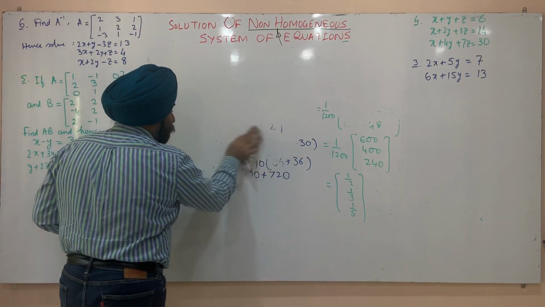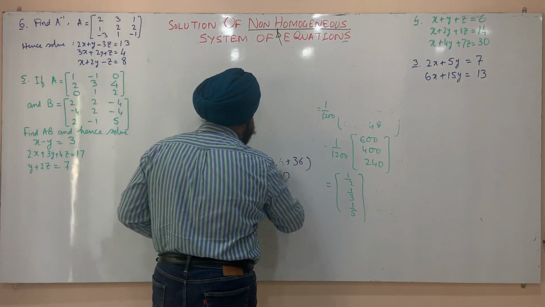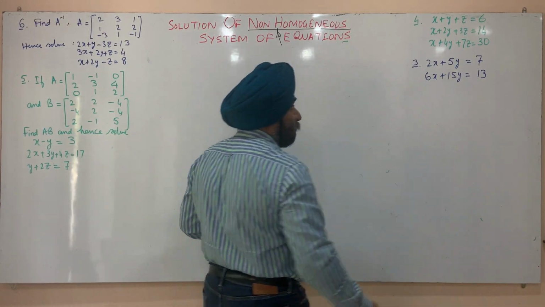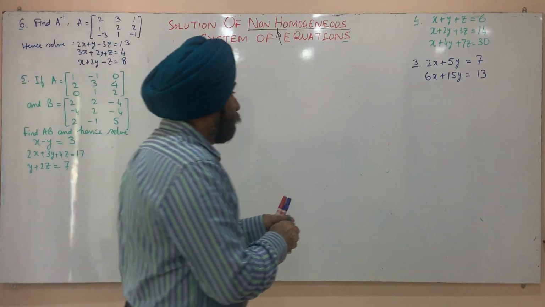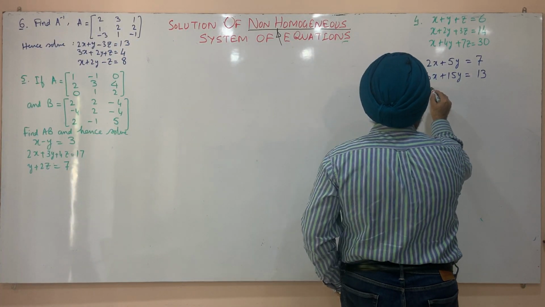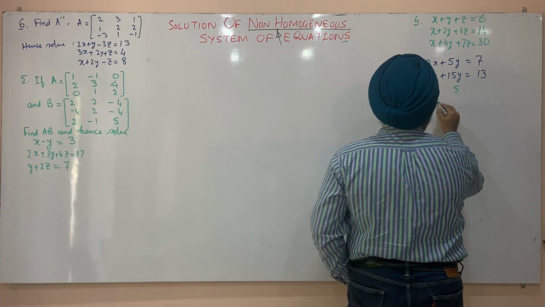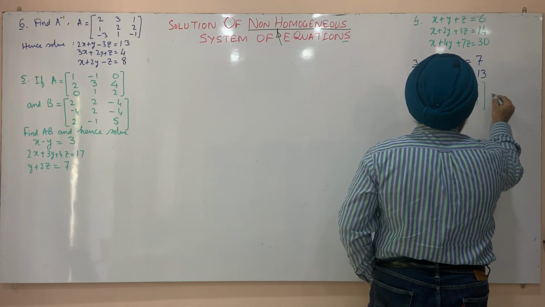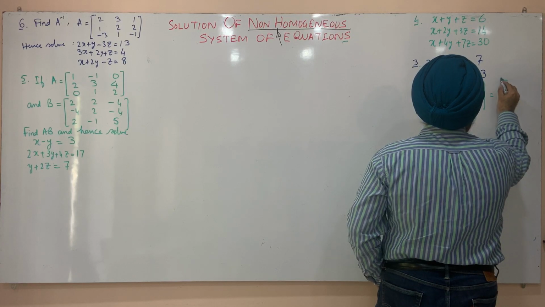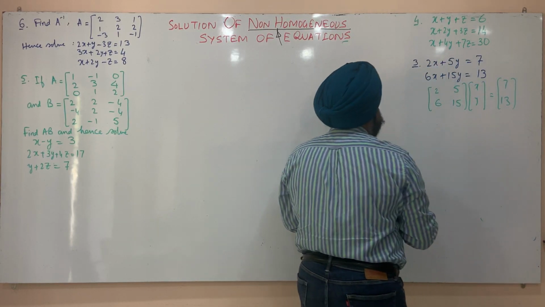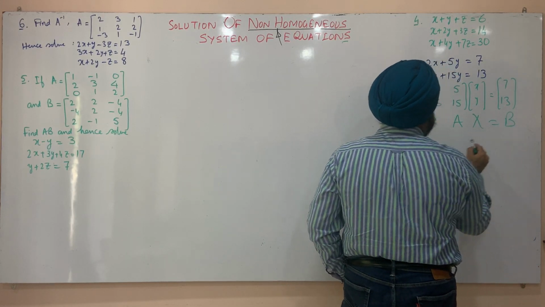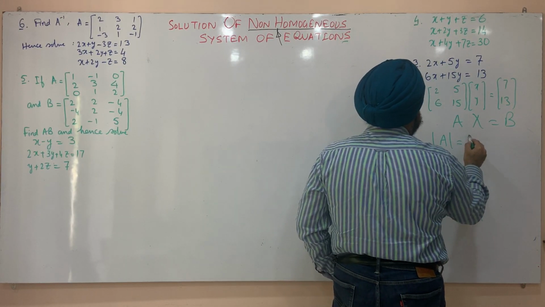First of all, identify that it's a non-homogeneous system of equations. Let us write in matrix product form 2, 5, this is 6, 15 into x, y, and this is 7 and this is 13. It's like A into X is equal to B.